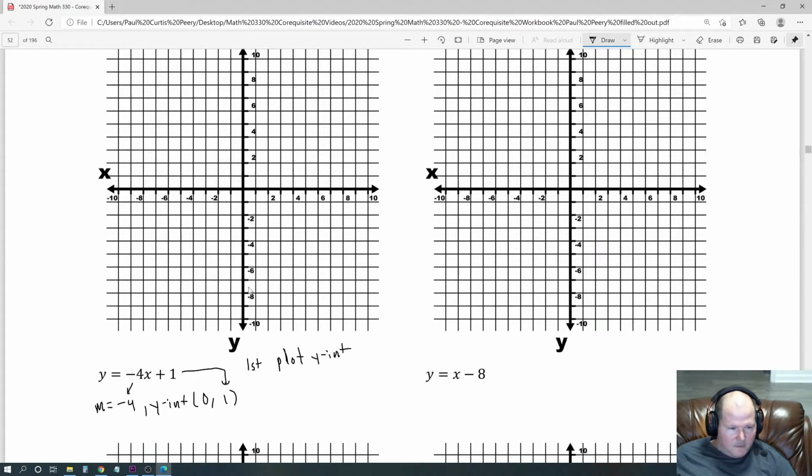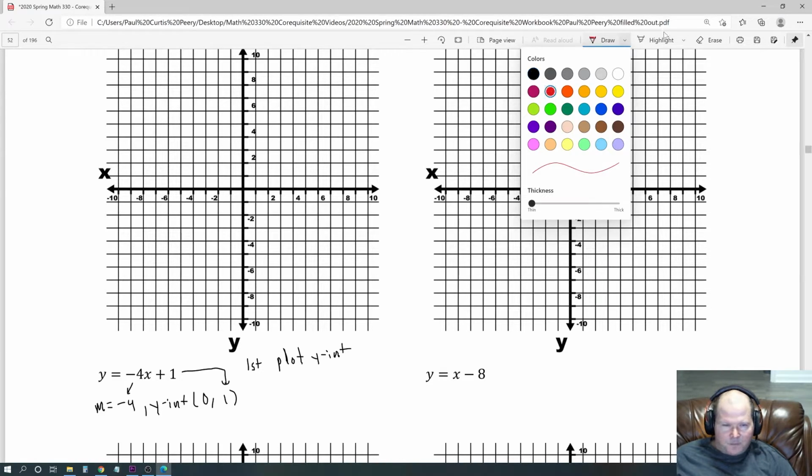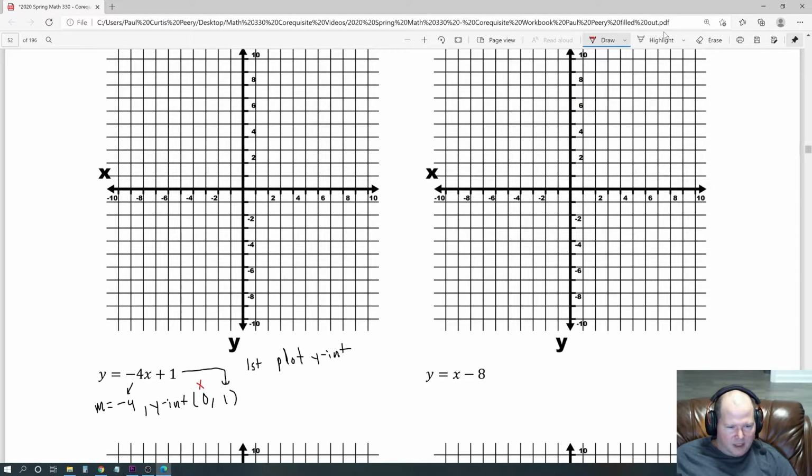So that's what I'm going to do. I have (0, 1). I'm going to use a different color so we can see it though, okay? So let's say we go up 1, and we just stay in, so we just go 0, that's your x value right there. So that means you don't go left or right. And then you end up with a y value of 1 right there, which means you go up 1. So I plotted the point.